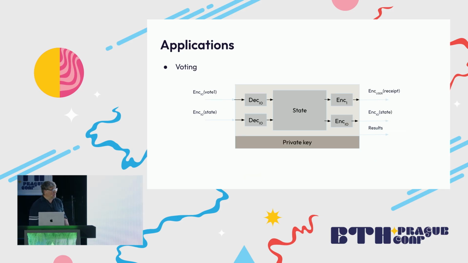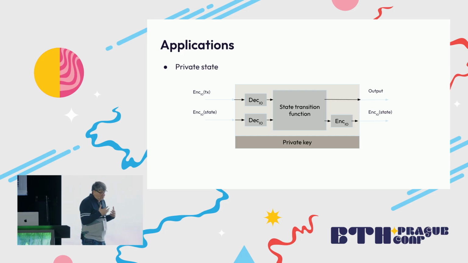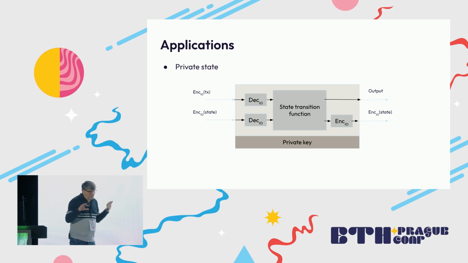So it allows you to work in this direction on privacy for multi-party computations. Voting. Voting at the end is a generic case of a private state, so let's go for the private state first. Private state is, for example, what Aztec is doing. Right now Ethereum has a public state, so everybody knows what's in it, but imagine that this state is private, encrypted somehow.